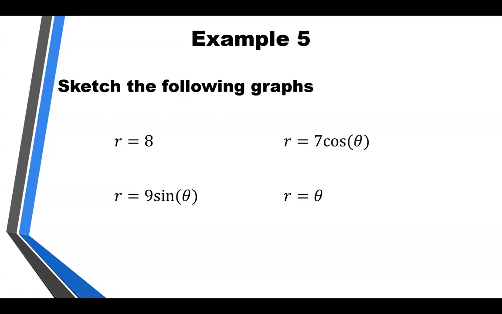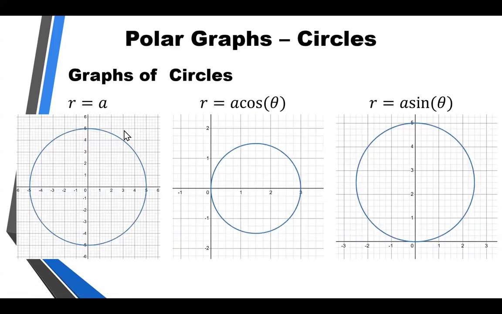Using example 5, we can see that in general, if I want to graph a circle with polar graphs, we see at least 3 ways to do it.